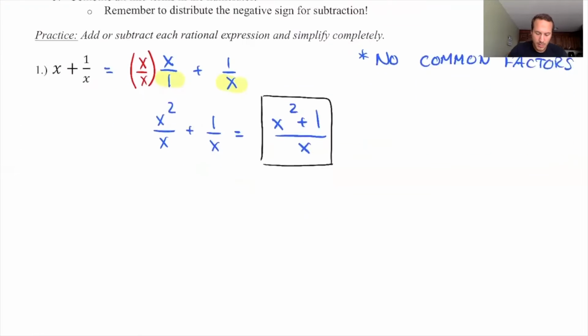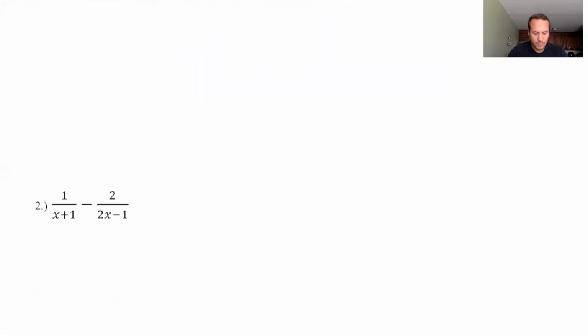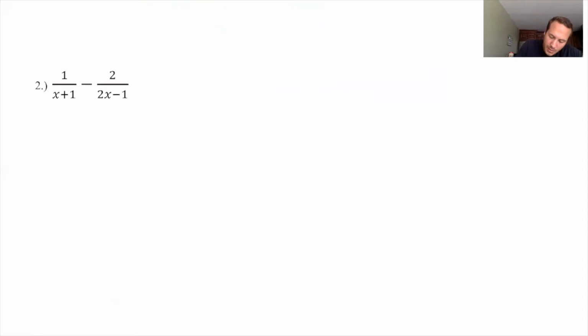Okay, now down here for question 2, this one might require a little bit more. If I look here, I've got 1 over x plus 1 minus 2 over 2x minus 1. Now, what I'm going to do in this problem is, first of all, I'm going to rewrite it. And when I rewrite these, I want to make sure I'm giving myself some space.